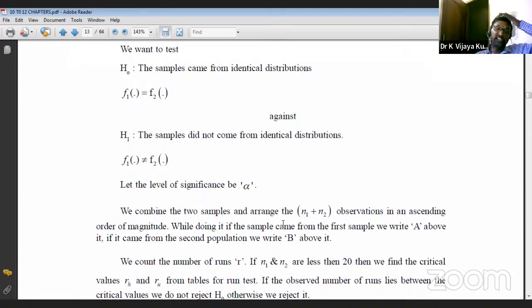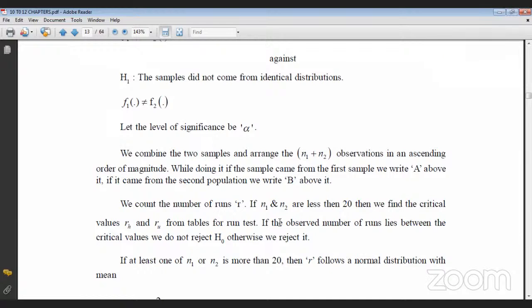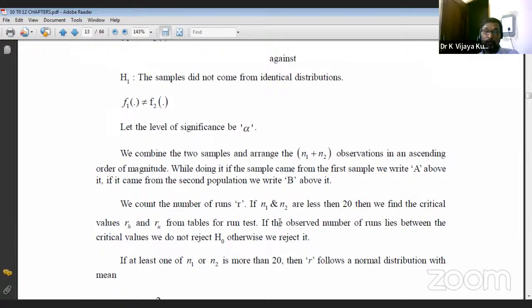At level of significance alpha, we combine the two samples and arrange the n1 plus n2 observations in ascending order of magnitude. While doing it, if the observation came from the first sample, we write A above it. If it came from the second population, we write B above it. We count the number of runs. If n1 and n2 are less than 20, we find the critical values from the tables for the run test.